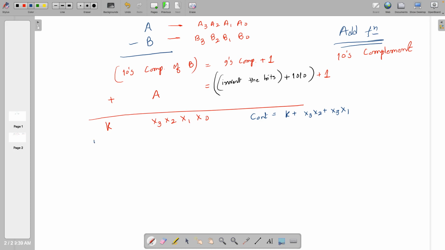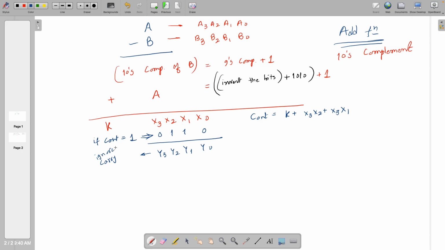So if C out equals 1, then you have to add 0110 to this number, and you have to find some y3, y2, y1, y0. In this process, you might have some carry in addition to y3, y2, y1, y0, but ignore that carry.